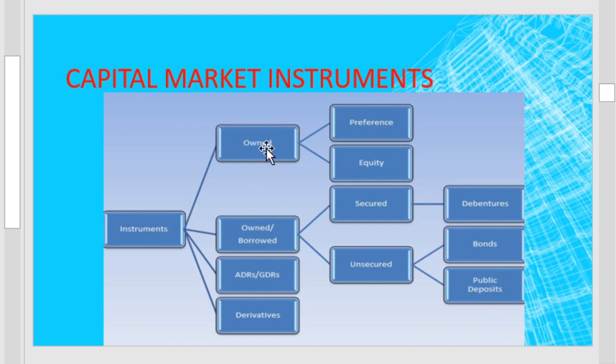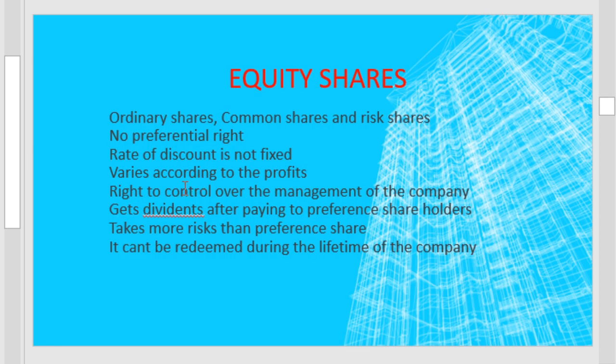In addition to these, there are instruments like ADRs, GDRs, derivatives, etc. These are another type of classification of capital market instruments. The first type is the pure instruments, in which we have equity shares, preference shares, deferred shares, etc. We'll see the meanings and features of these shares.